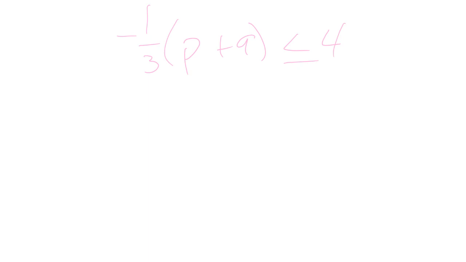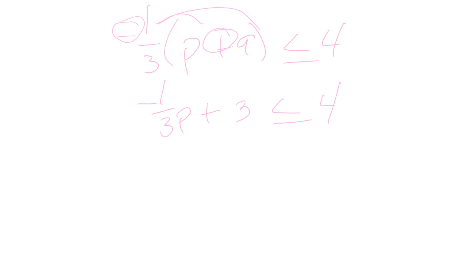So remember, before we can solve anything, we have to distribute, get rid of those parentheses. Negative 1/3 p plus negative 1/3 times 9 would be 9 over 3, which is the same as 3. But because this was a negative and this was a positive, remember our sign here is going to be negative.